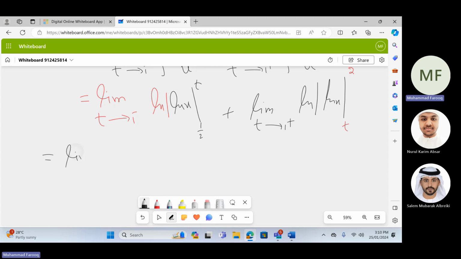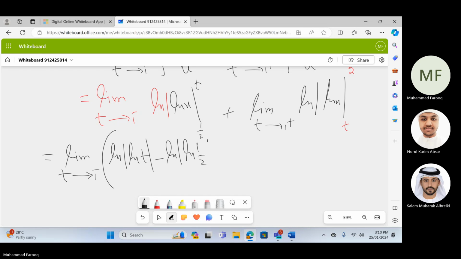So limit t approaches one from the left side. What is the upper limit? t. ln t. Okay, ln t minus ln half. So this is ln of ln t minus ln of ln half.